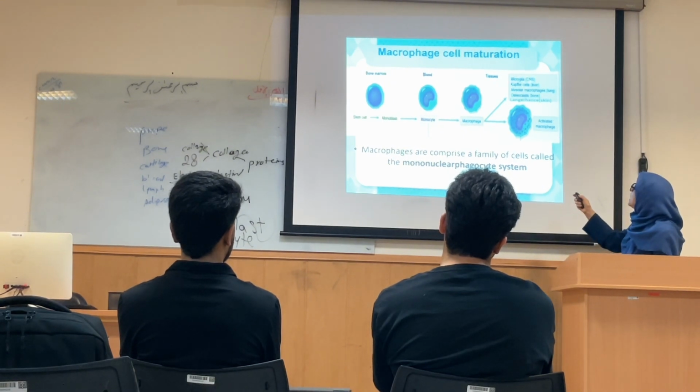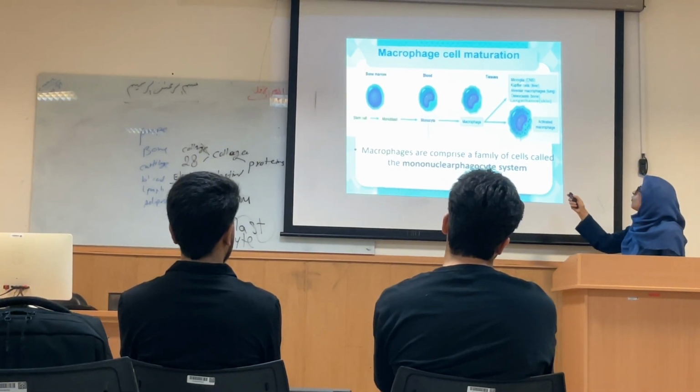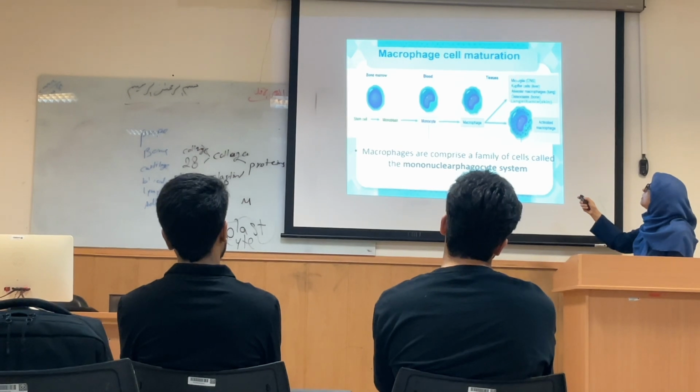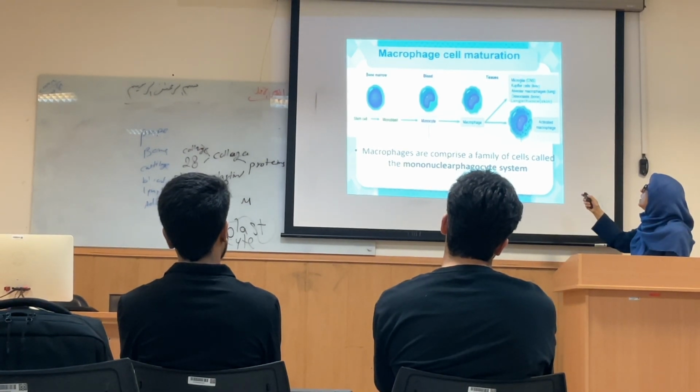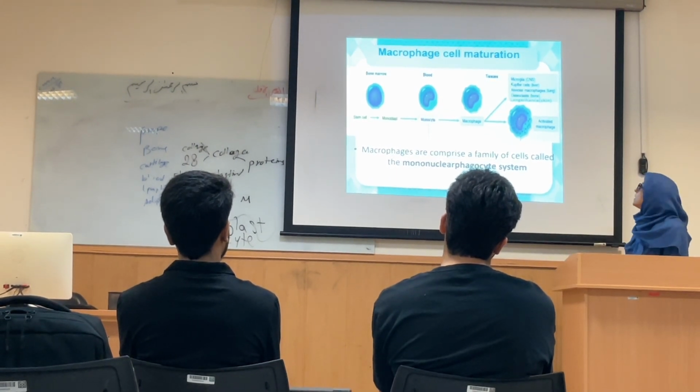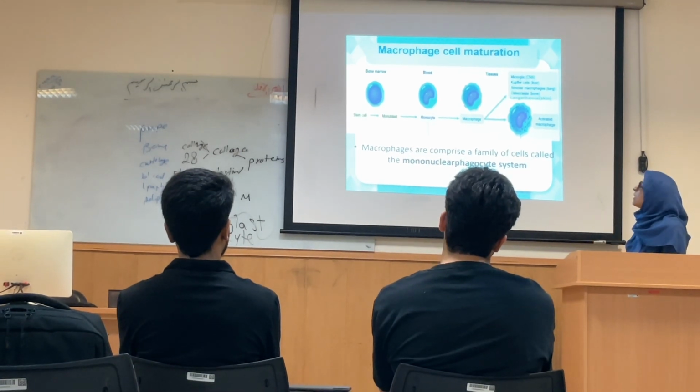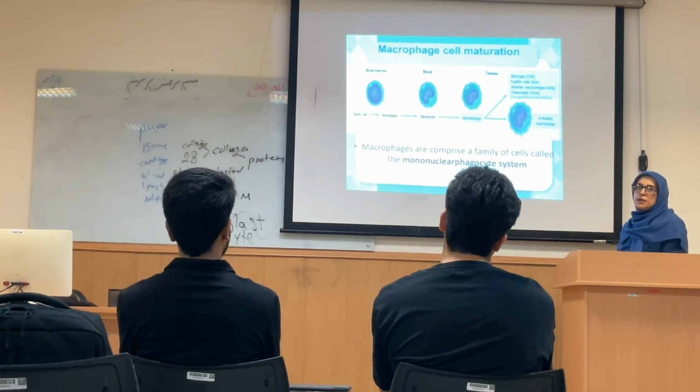In the CNS, the macrophage is named microglia. In the liver, Kupffer cells. In the lung, alveolar or dust cells. In the bone, osteoclasts, and in the skin they are named Langerhans cells.